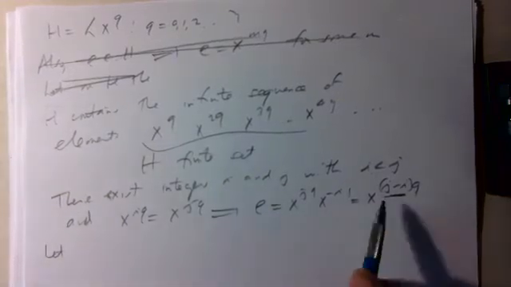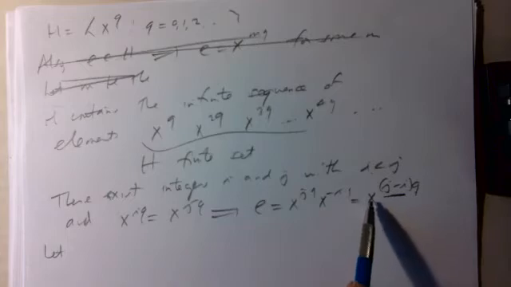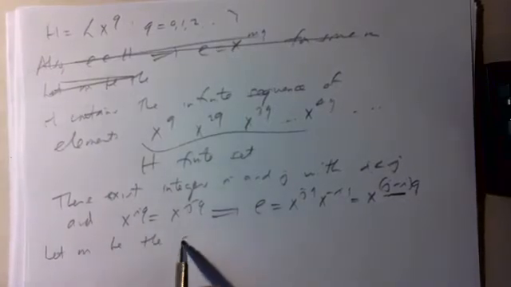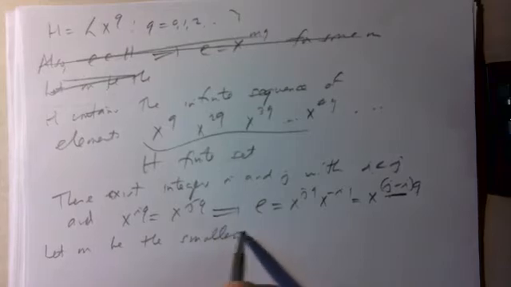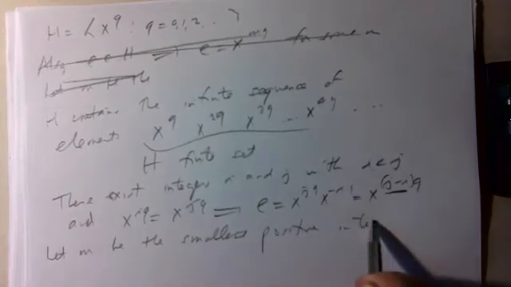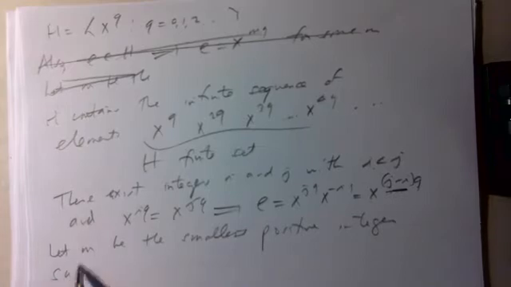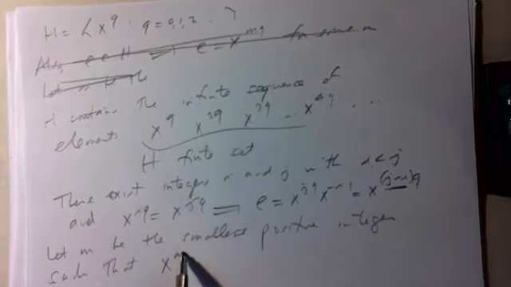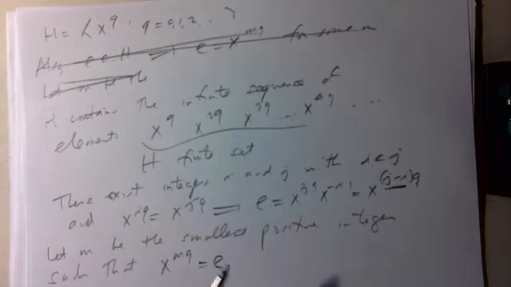So there are positive integers m where x to the mq is the identity, and let m be the smallest positive integer such that x to the mq equals the identity.